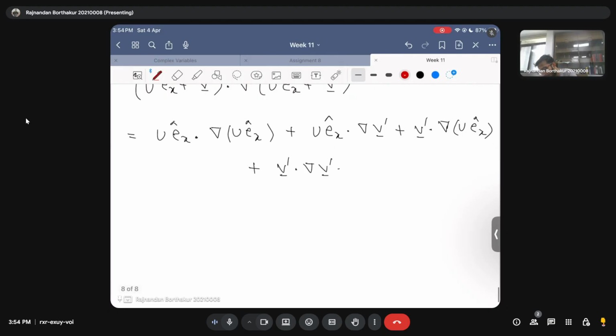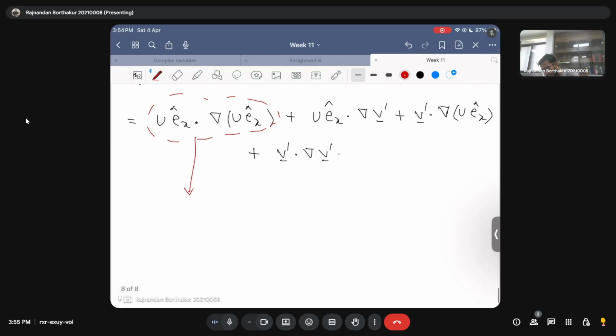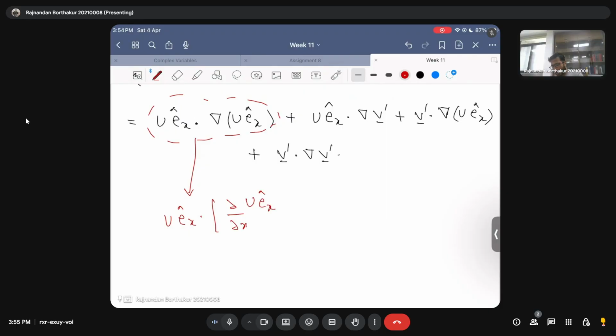Okay, all right, now let's examine this term, because simplifying this is actually important. First, let's have a look at this particular term. Okay, so what does this term say? This is basically u ex dot gradient, but remember gradient is del del x of u ex. But I can also write it like del del y of u ey and terms like that. But remember this u is just a function of z, right?